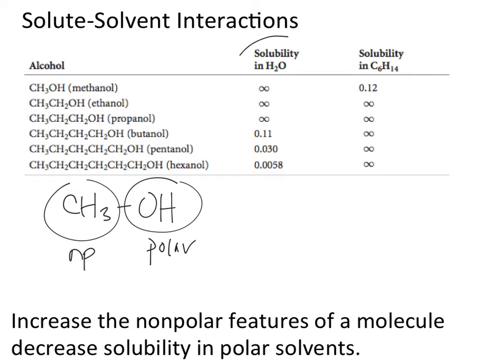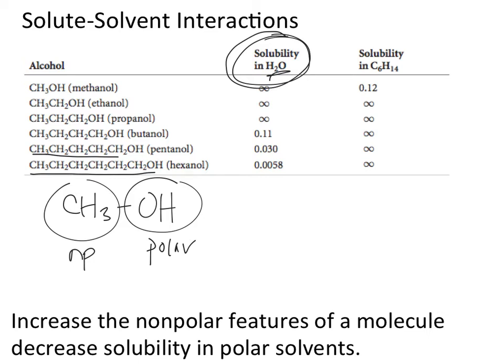So you notice when we're looking at the solubility of these alcohols in water, the smaller the nonpolar portion, the more soluble the alcohol will be in a polar solvent, and in this case specifically H2O. As the nonpolar regions get larger and larger, the solubility is going to decrease.